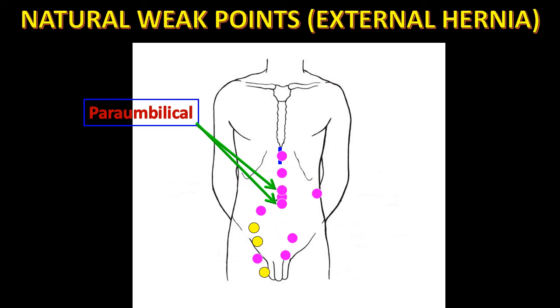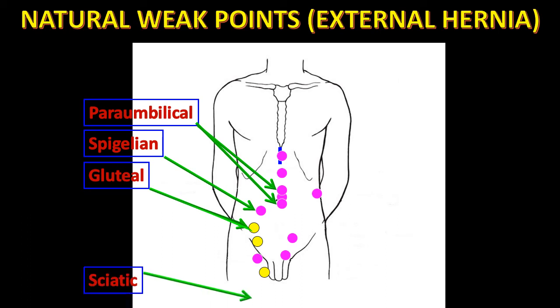The Spigelian hernia protrudes at the point of junction between the lateral border of the rectus muscle or rectus sheath with the lateral border of the arcuate ligament separating the upper aponeurotic from the lower fascial posterior rectus sheath wall.